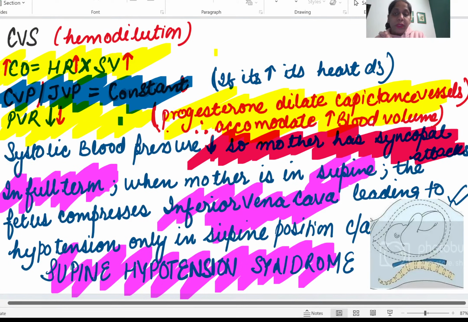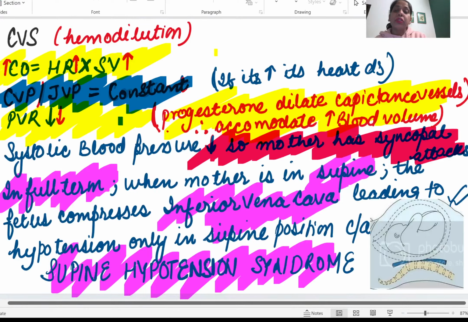So in the cardiovascular system, as we have studied in the hematological system, that there is increase in the plasma volume. So to accommodate that increased plasma volume, the heart has to pump that increased volume. So as a result, there is increase in the cardiac output, and you know that formula of the cardiac output is heart rate into stroke volume.